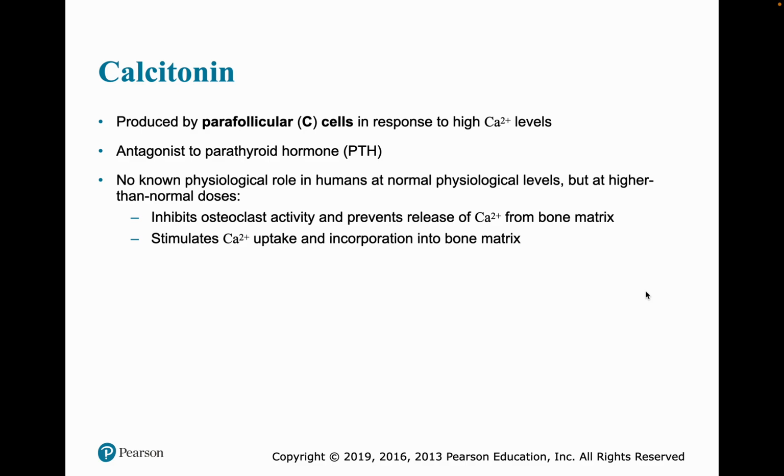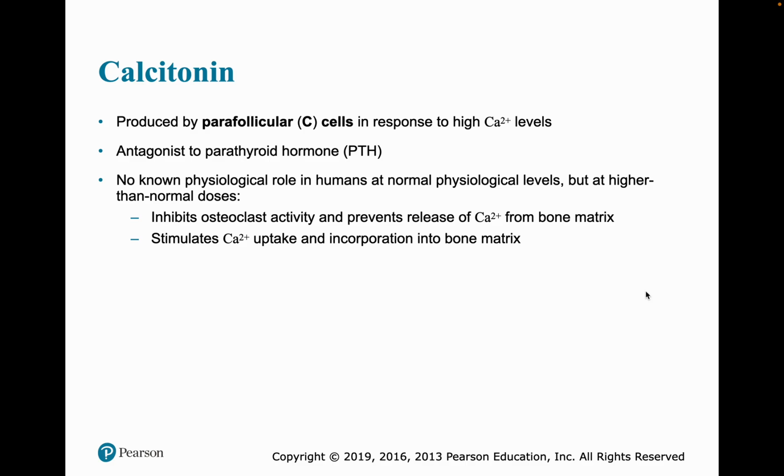Calcitonin is the other hormone. It's produced by parafollicular cells in response to high levels of calcium in the blood. It is an antagonist to parathyroid hormone, but it really doesn't have a known physiological role in humans at normal physiological levels.